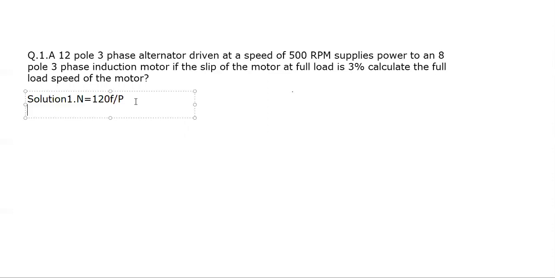Now, cycles per second, which is nothing but the frequency, is equal to the number of rotations per second into cycles per rotation. So you can write f equals P into N divided by 120, because P by 2 is taken as the number of pole pairs, since poles come in pairs, and N divided by 60 is the rotations per second.